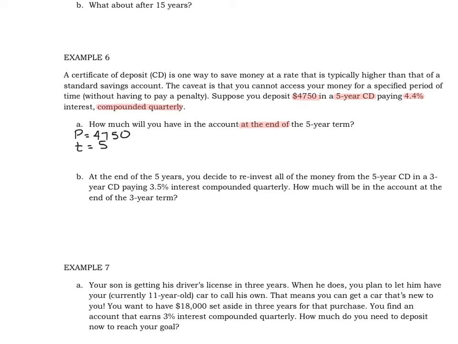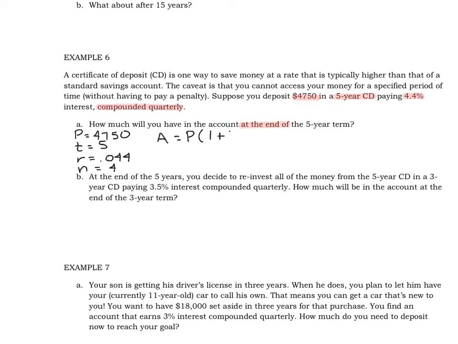Paying 4 4/10% interest. Looks like my rate is 44 thousandths. Compounded quarterly, it looks like my N is 4. And I want to know the value of the account at the end of the 5-year term. So clearly we're trying to find the future value or the total value.